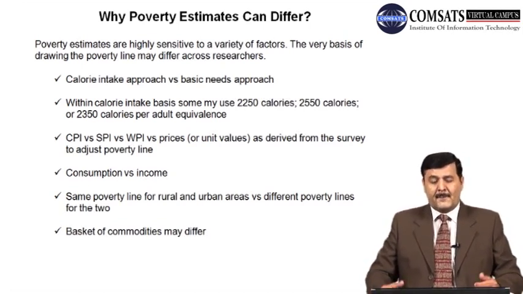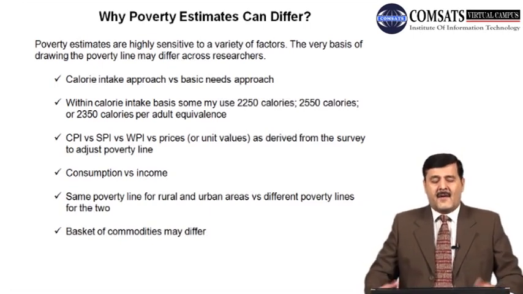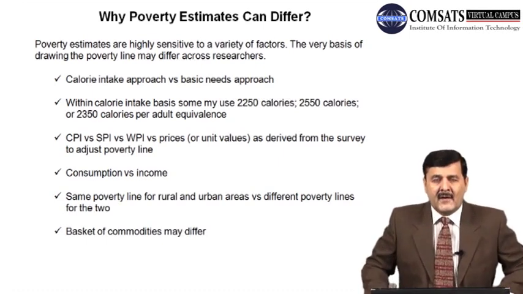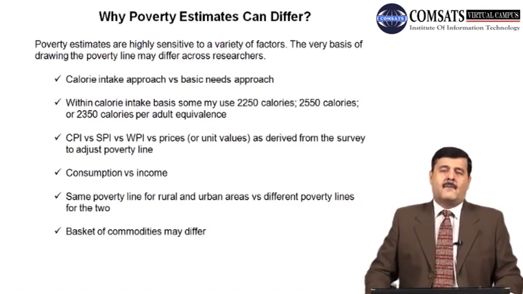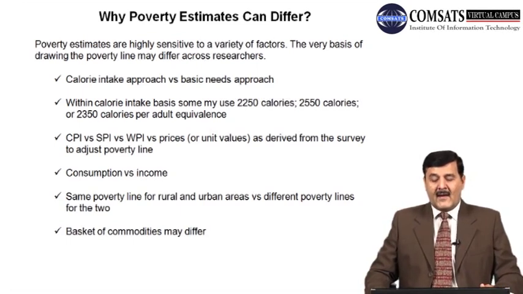Similarly, poverty estimates can differ because of the use of different inflation measures. Some researchers use CPI, some use SPI, that is the sensitive price indicator, some use WPI, wholesale price index, right?